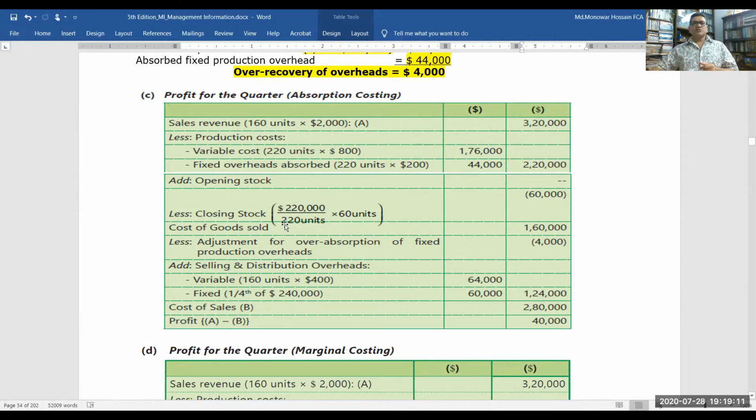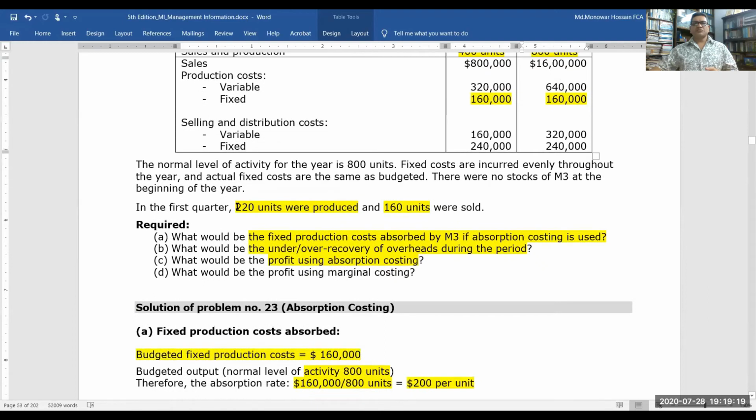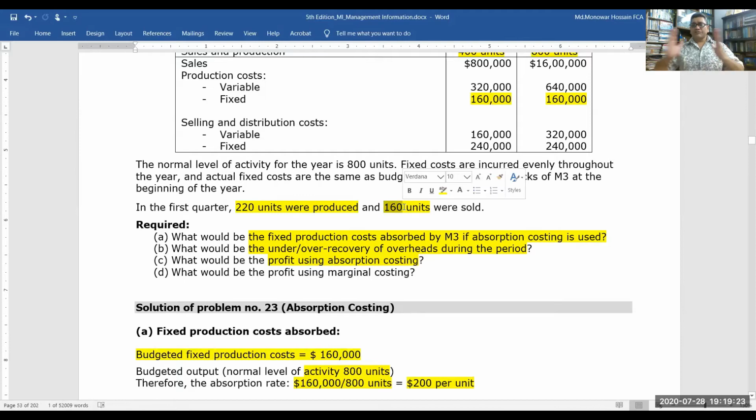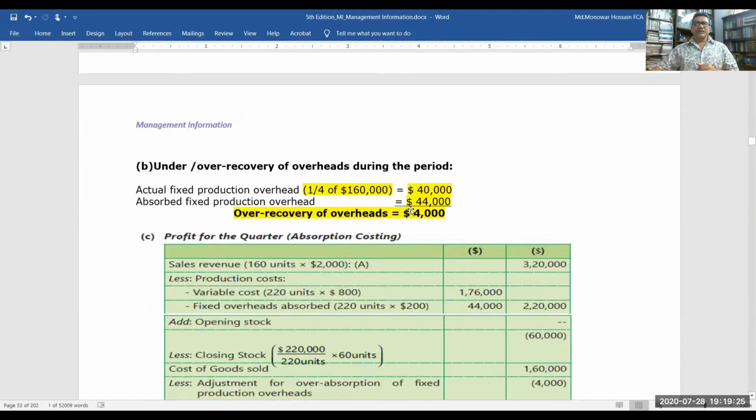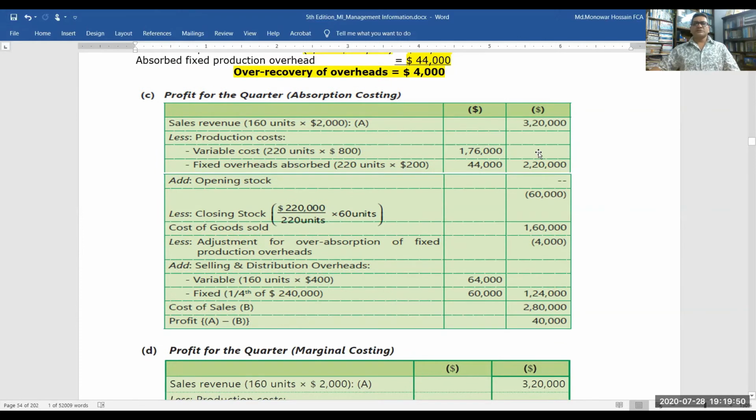Closing stock is 2,20,000 divided by 220 units multiplied by 60 units, because production was 220 but 160 units were sold, so the difference is 60 units. So closing stock is 60,000.